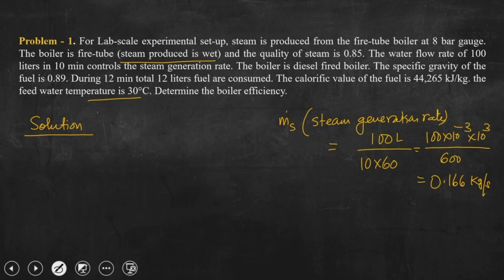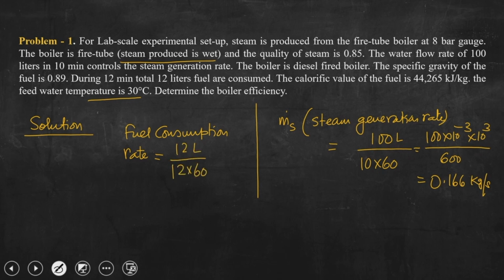So, this is the steam generation rate, and also you can write the fuel consumption rate. It is given that total 12 liters of fuel are consumed in 12 minutes and specific gravity is given. So, what would be the consumption rate? 12 liter divided by 12 into 60 second.